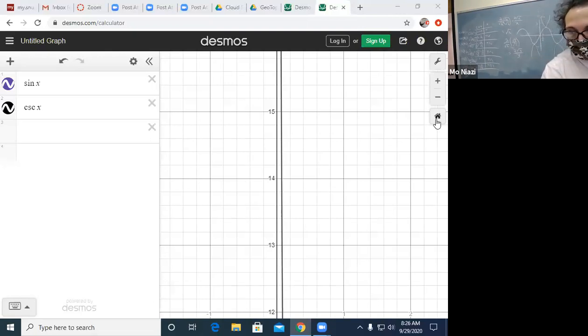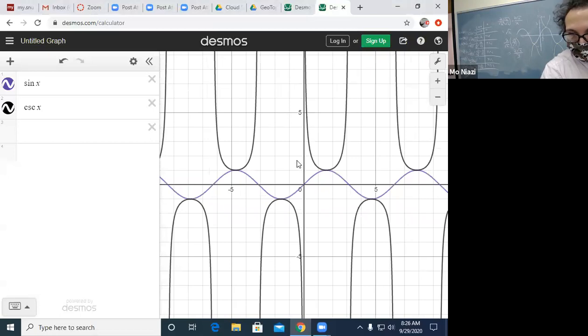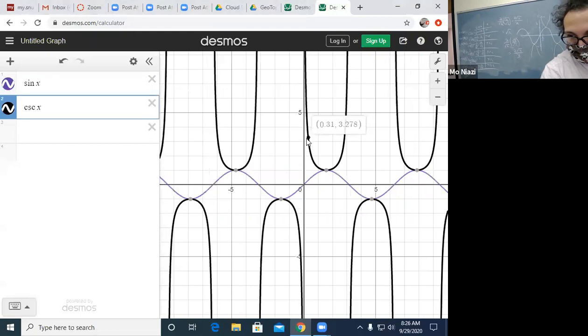Let's hit the home screen. Let's go to, where's pi over 6? Come on.